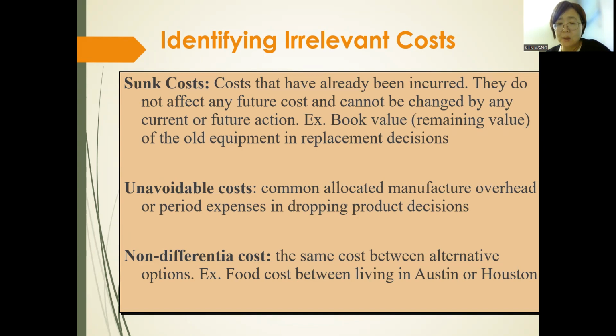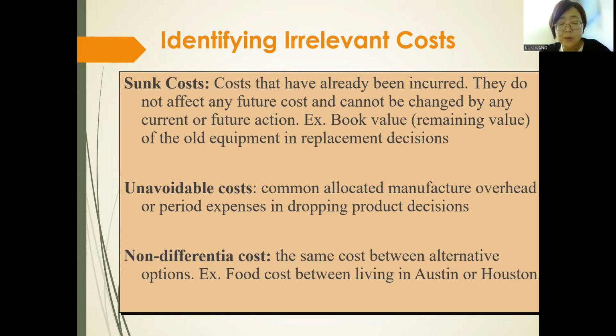So it's related to the relevant range of the production. As long as you keep the production, it doesn't matter the volume of the production or the number of the products under the process. This common allocated overhead will continue to be incurred if you don't accept the special order or if you keep the products. So they are also irrelevant in the decision making.